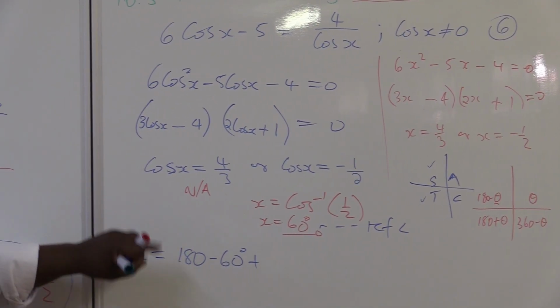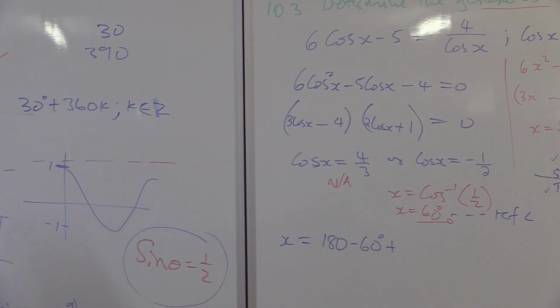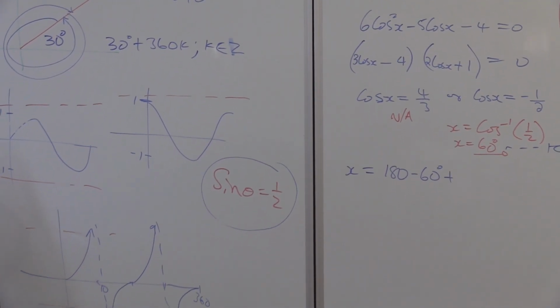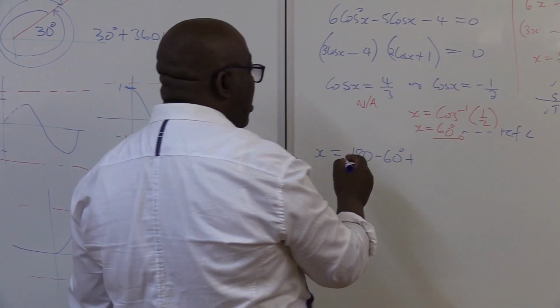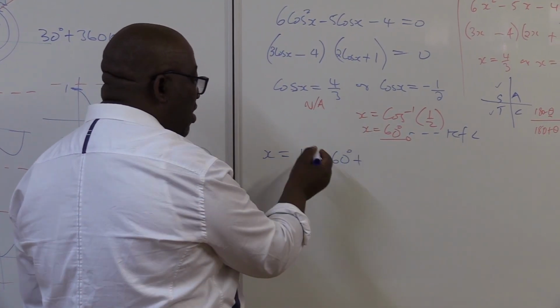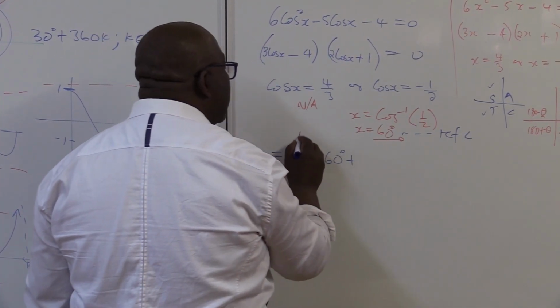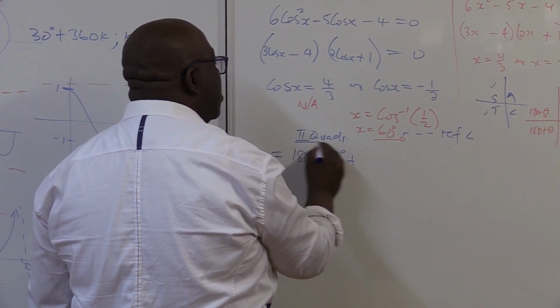When you deal with sine and cos, we use the period, which is 360. If it was the tan graph, I would use its period, which is 180. You even tell the examiner which quadrant you are using: the second quadrant.